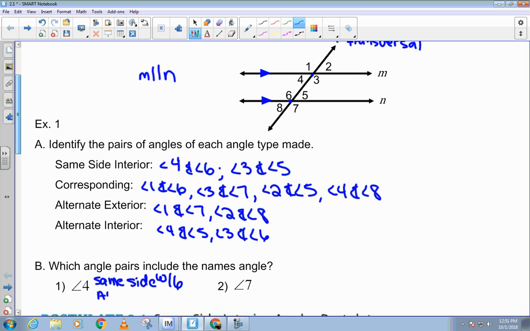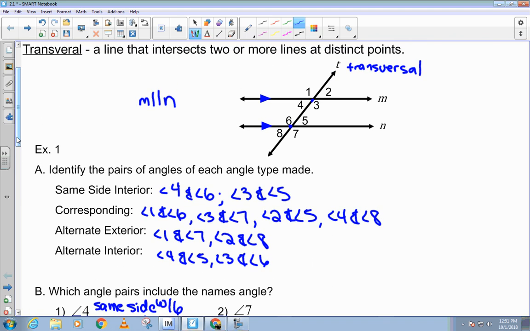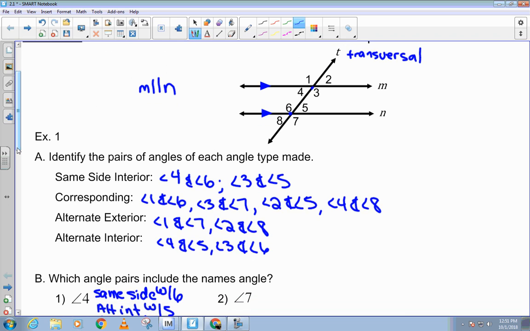So alternate interior with angle 5. And you said corresponding. What's it corresponding with? With 8. And then it's vertical with 2, and it's got some linear pairs in there, but those are the main ones for this particular lesson. What about angle 7?